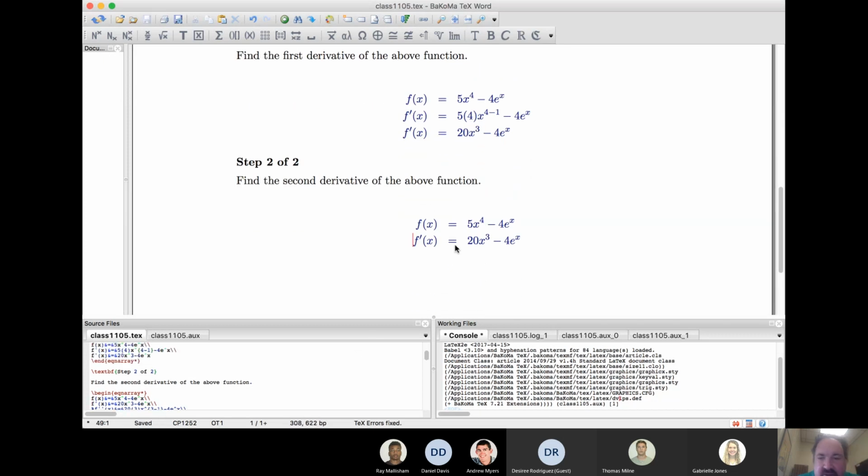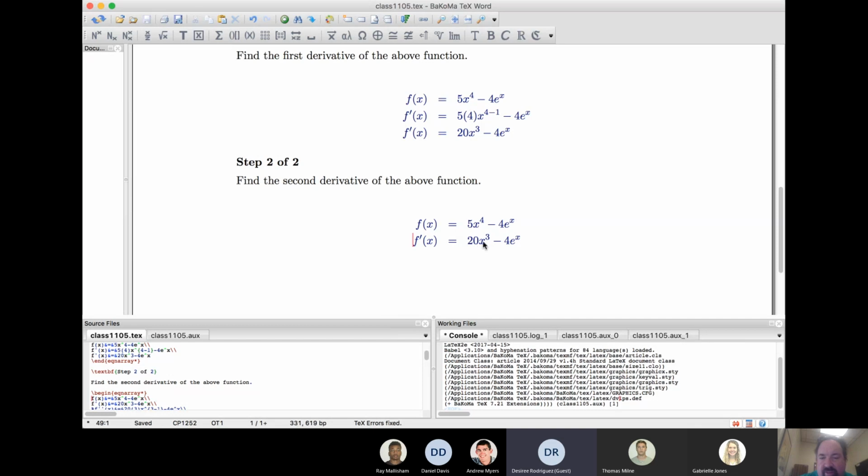So can anyone tell me, based on what happened here, to get from f to f prime, what would f double prime be? 60x squared minus 4 e to the x.